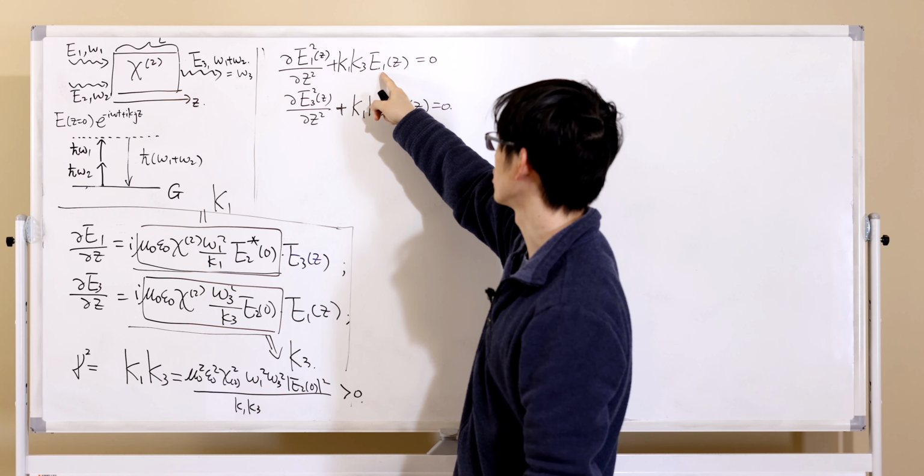But notice that the amplitudes of E1 and E3 are not the same now. The maximum of E1 is at its input port. The maximum of E3 is E1 times a coefficient. Later we'll see that this coefficient means that E3 in some scenarios can be larger than E1, in some can be lower. In this case we just plot the case where it's lower.